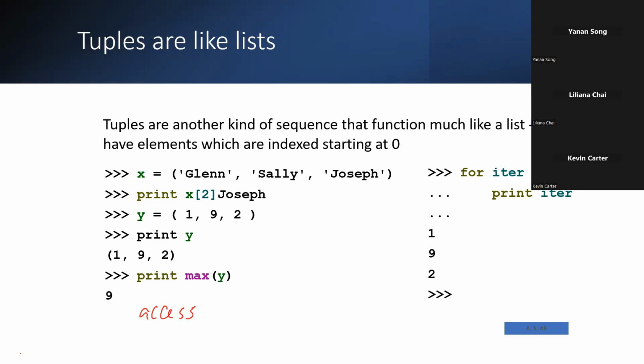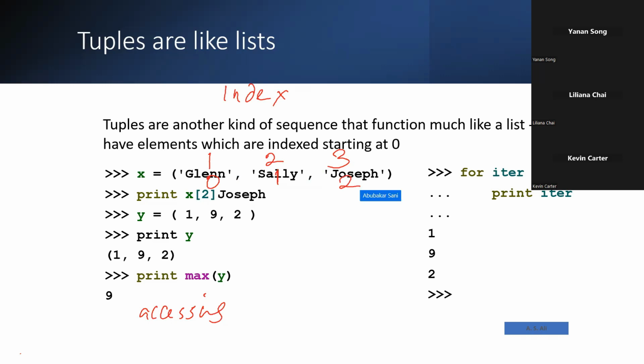So we want to know what is the element in the number 2 position. This is the number 1 position, number 2 position, number 3 position. However, we call this index in programming. So this is index 0, and in Python you start counting from 0, not 1. So this is index 0, this is index 1, this is index 2.